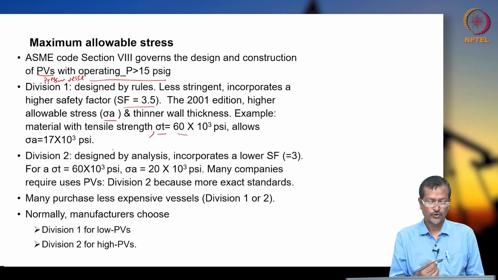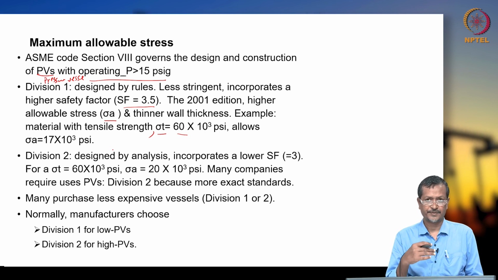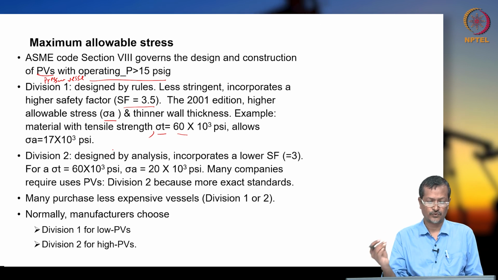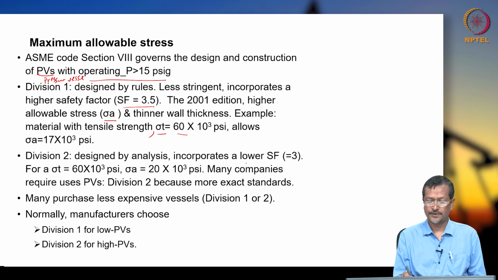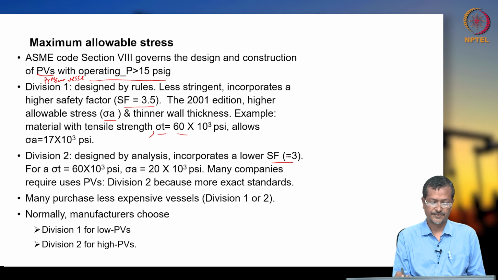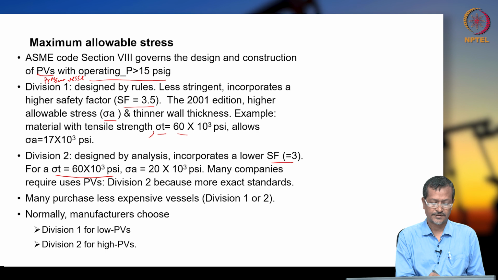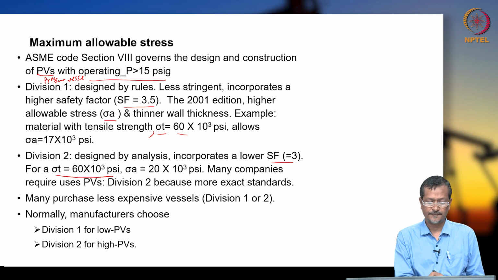But Division 2 gives a lower factor of safety. You want to reduce material thickness, and it has more stringent rules. It has a factor of safety of 3. If sigma T is 60 times 10 to the power 3, then the allowable will be 20 times 10 to the power 3.